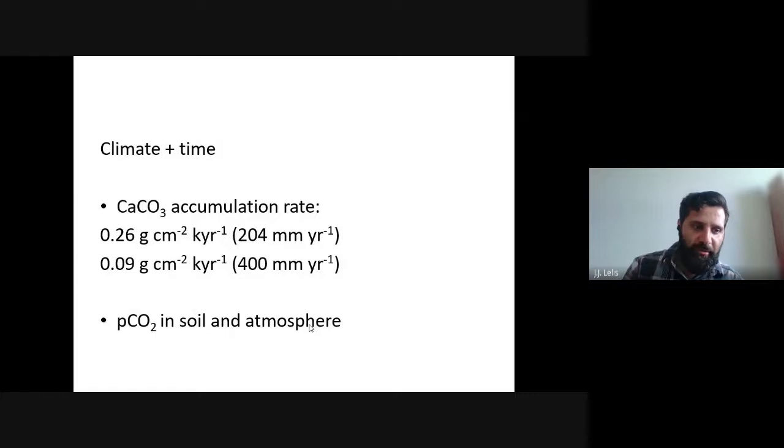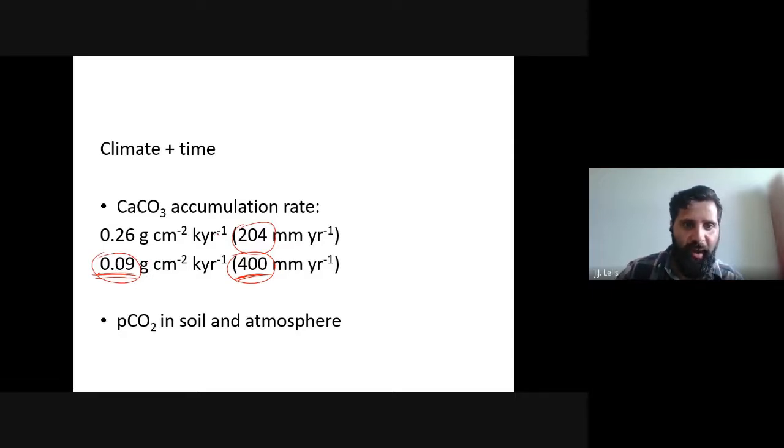Of course, the calcium carbonate accumulation depends on the weather. If you have a wetter climate, you can't accumulate a high rate of calcium carbonate.